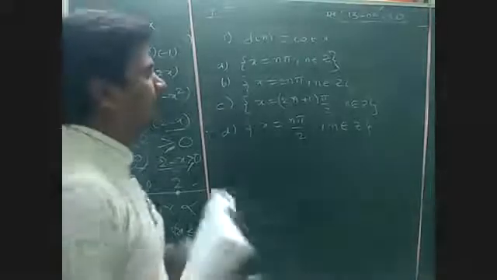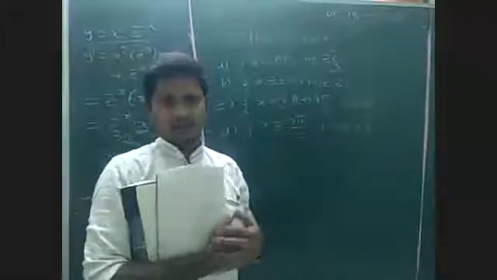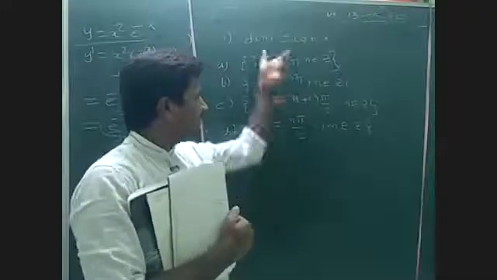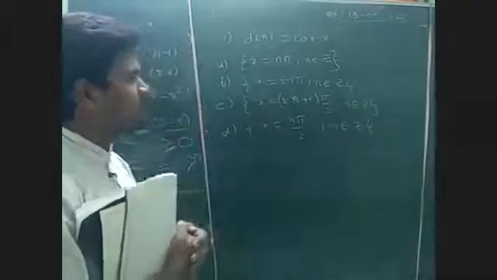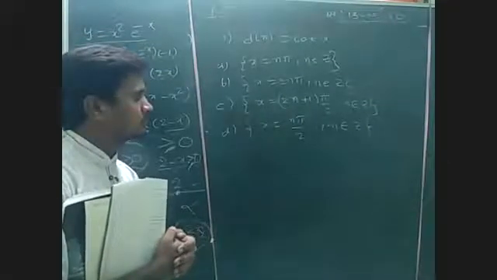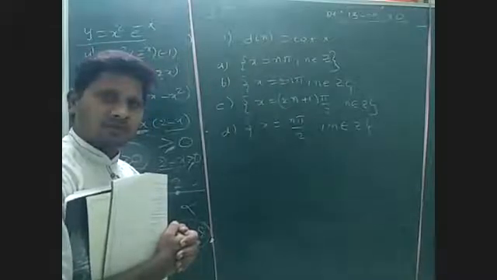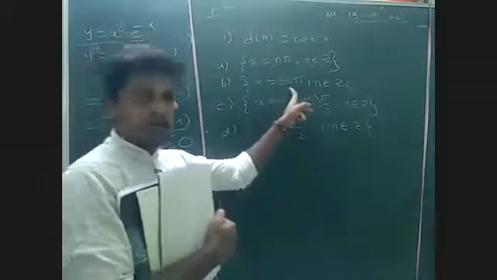Discontinuous means the cot value should be infinite. For what value of x will it be infinite? Which one of the options is right? Sir, option B, 2n pi.